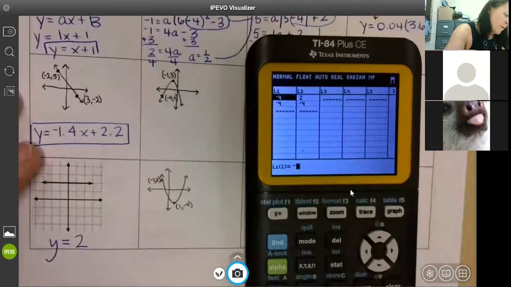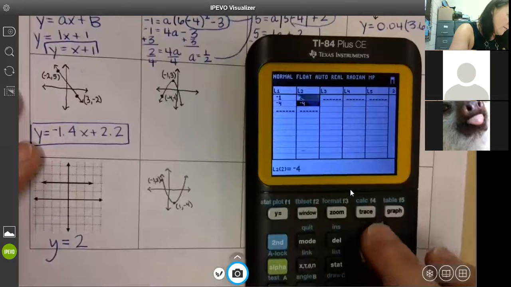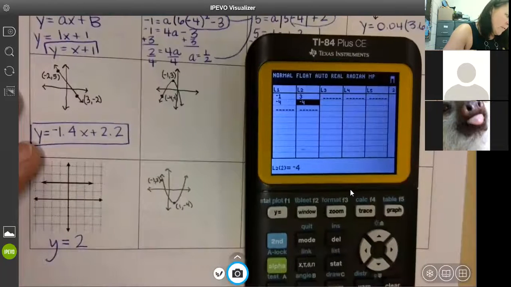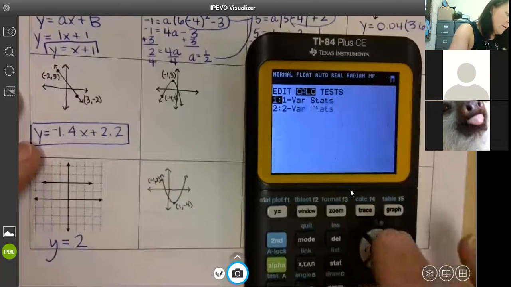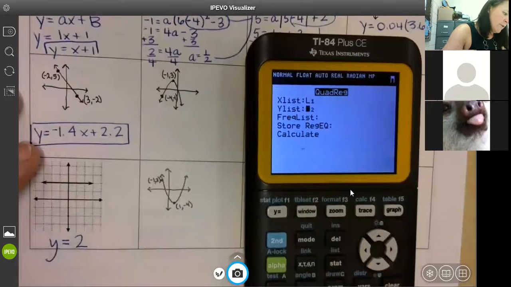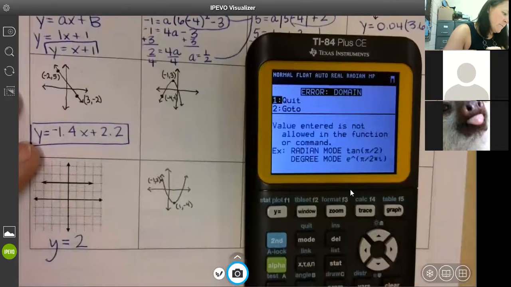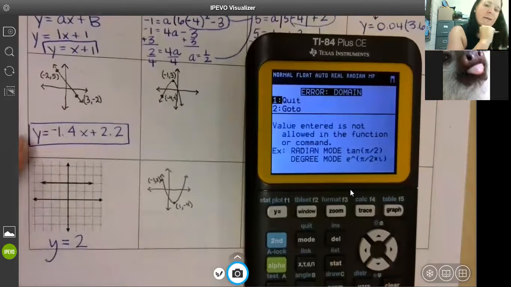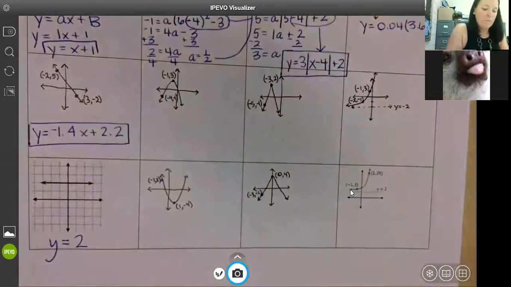Or if I typed something in wrong. -1, -4, 3, -1, quadratic regression. Is anybody else's calculator doing that? Second plus 7.2.